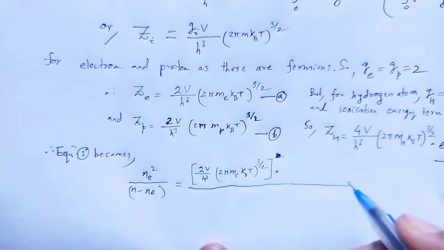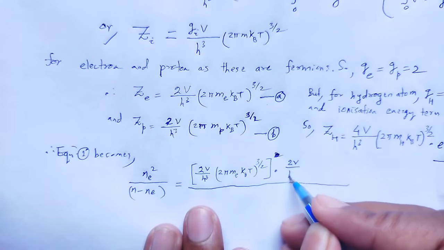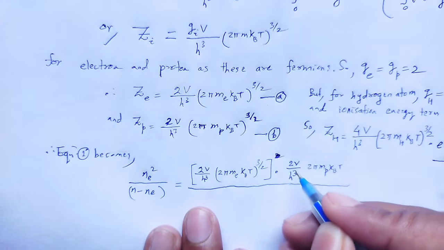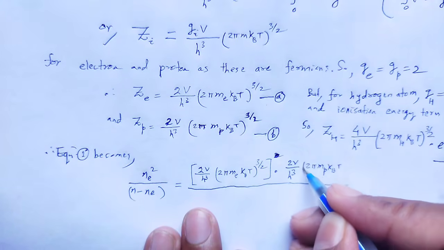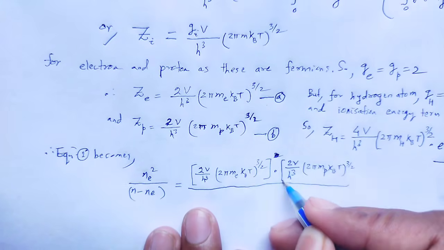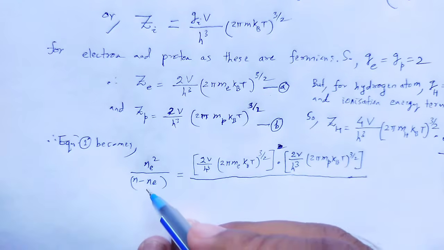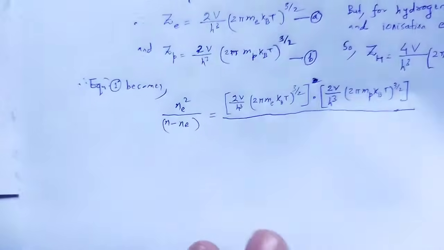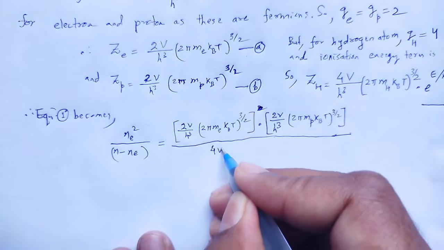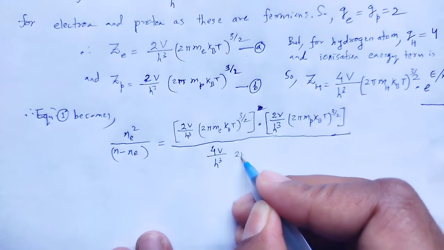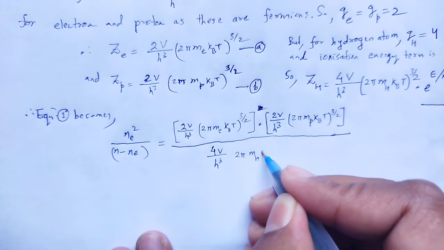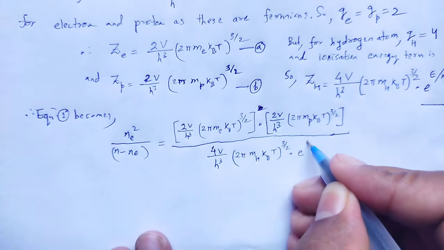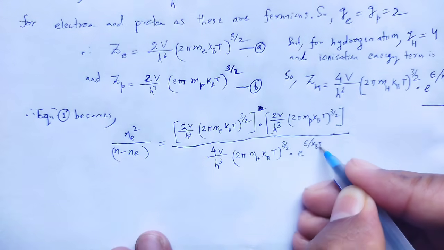First we have to show for proton 2V divided by h cube, (2π m_p k_B T) to the power 3/2, divided by n minus n_e, that is Z_S. Z_S value is 4V divided by h cube, (2π m_H k_B T) to the power 3/2 into e to the power epsilon divided by k_B T.